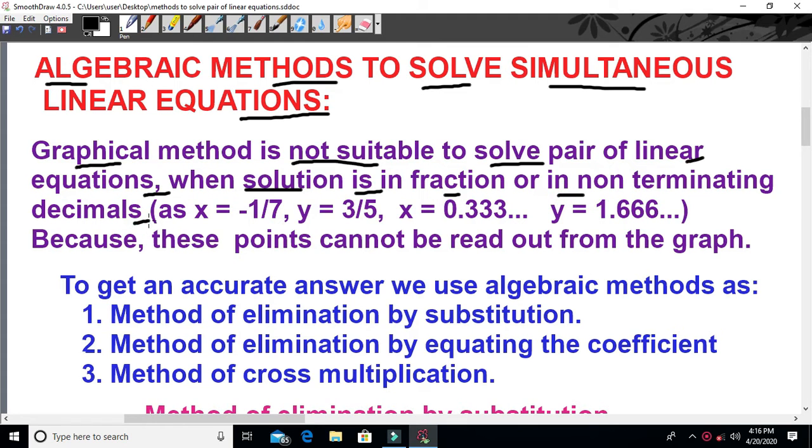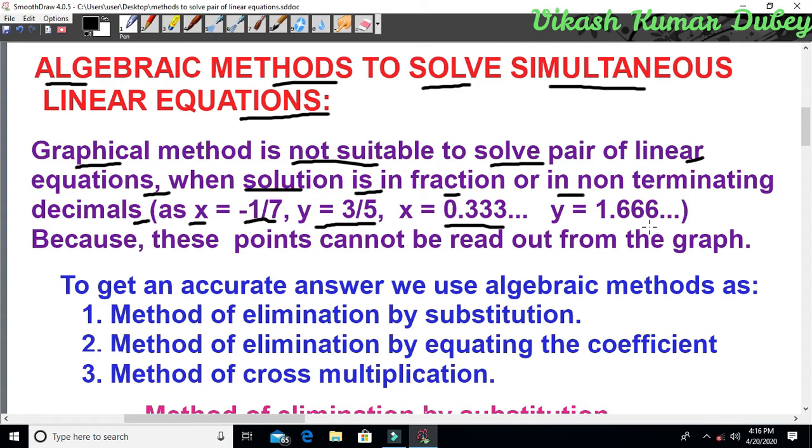For example, x is equal to minus 1 upon 7, y is equal to 3 upon 5, x is equal to 0.333, y is equal to 1.666.